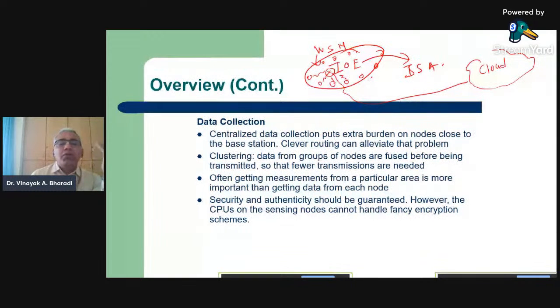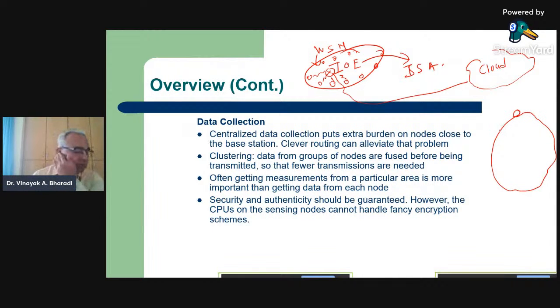So what are the approaches for that? There is centralized data collection, where one central node collects everything and then uploads it. Nowadays we call that an edge node.